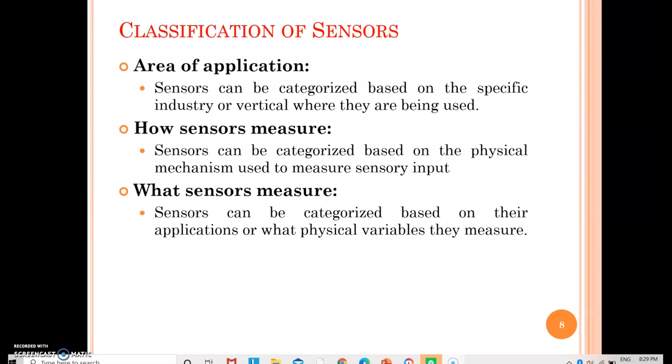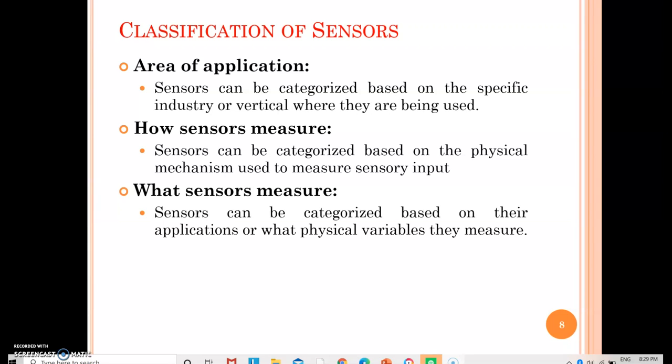The next one is what the sensor measures. So sensors can be categorized based on their application or what physical variable they measure. So these are a number of ways. There are many other classification and taxonomic schemes for categorizing sensors, but I have included some. I can also categorize them depending upon the material, cost, design and so many other factors.